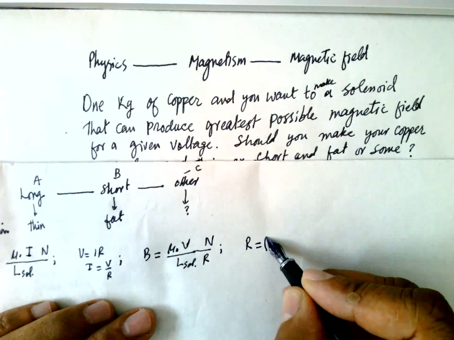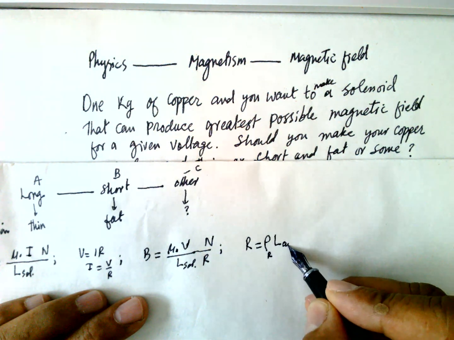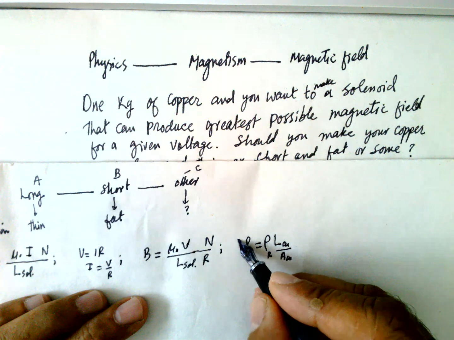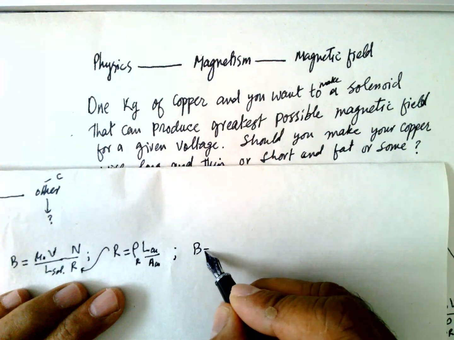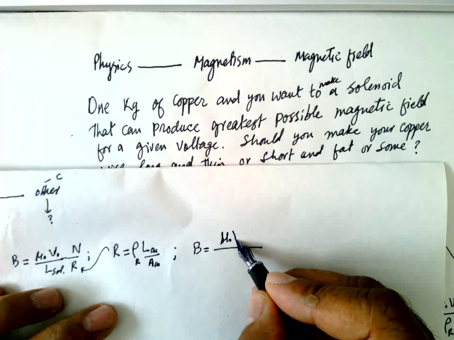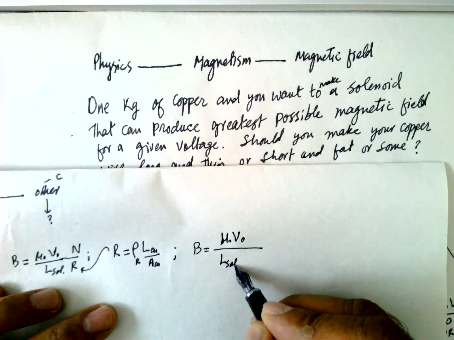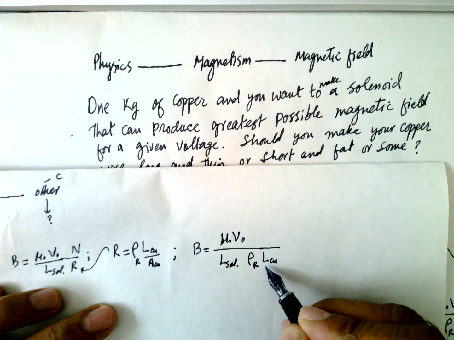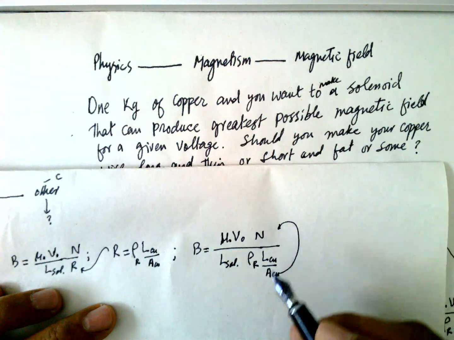So R is equal to rho, the resistivity, times the length of the copper over the area of the copper cross section. If you substitute this value here, then the magnetic field B is equal to mu naught V naught, which is fixed, over L solenoid times resistivity times L copper over area of the copper, times N. This will go on the top.